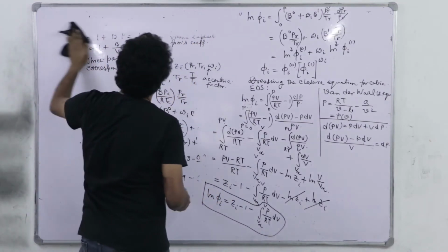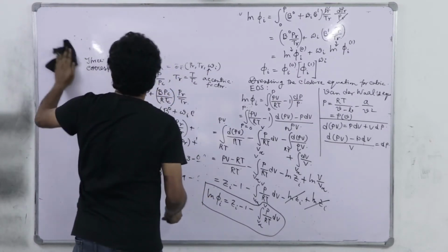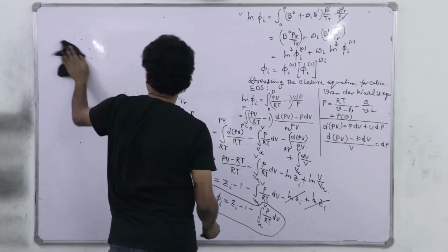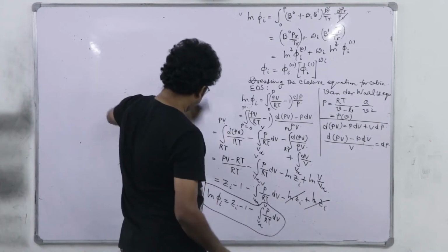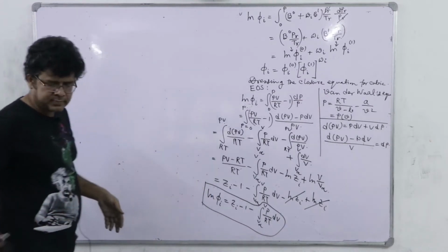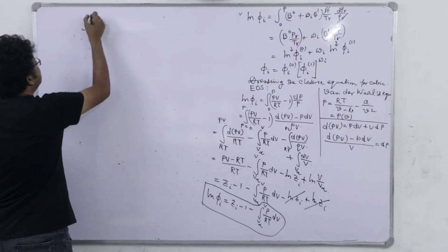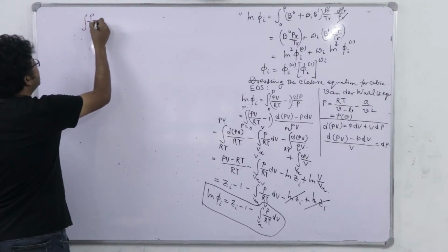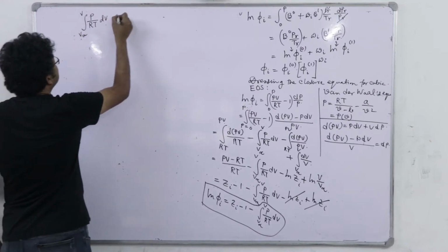So, let us take again the example of van der Waals equation, and let us solve it. Specifically we have to solve P by RT. So, what is that?